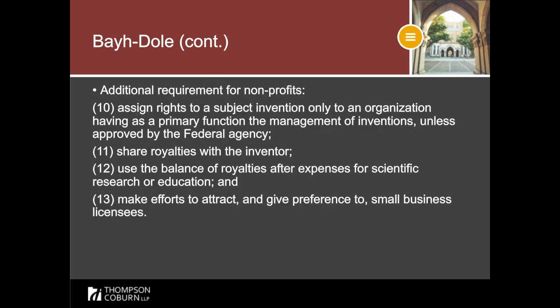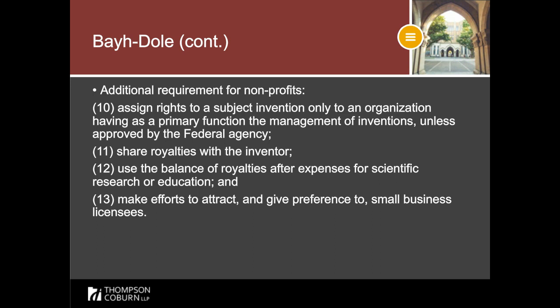With respect to universities in particular, for nonprofits, there are a few additional requirements. One of which is there's a limited ability to assign the invention. The university would have to share royalties with the inventor, and they have to use the balance of the royalties after the expenses for scientific research or education.